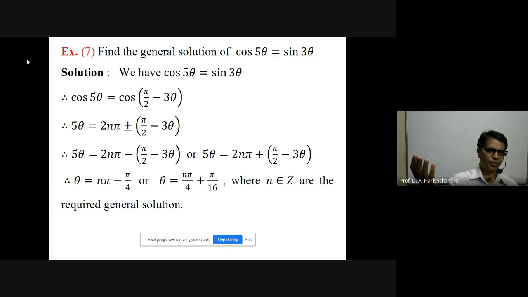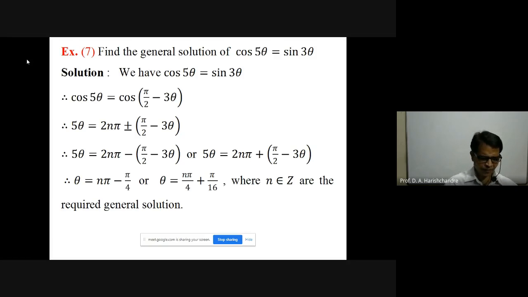In that formula replace theta by 5 theta and alpha by pi by 2 minus 3 theta, so that the solution of the given trigonometric equation becomes 5 theta is equal to 2n pi plus or minus pi by 2 minus 3 theta. Now you can simplify it. It will be converted into two separate forms, taking plus and minus sign separately: 5 theta is equal to 2n pi minus pi by 2 minus 3 theta, or 5 theta is equal to 2n pi plus pi by 2 minus 3 theta.